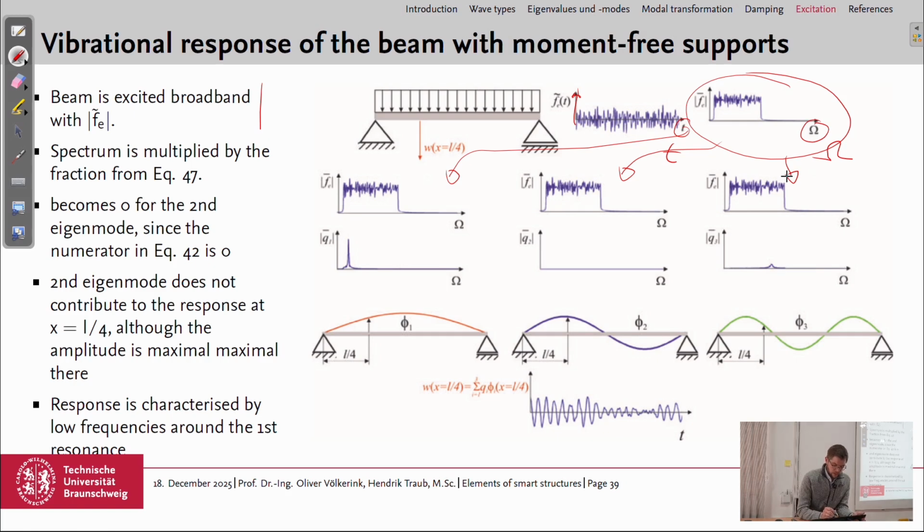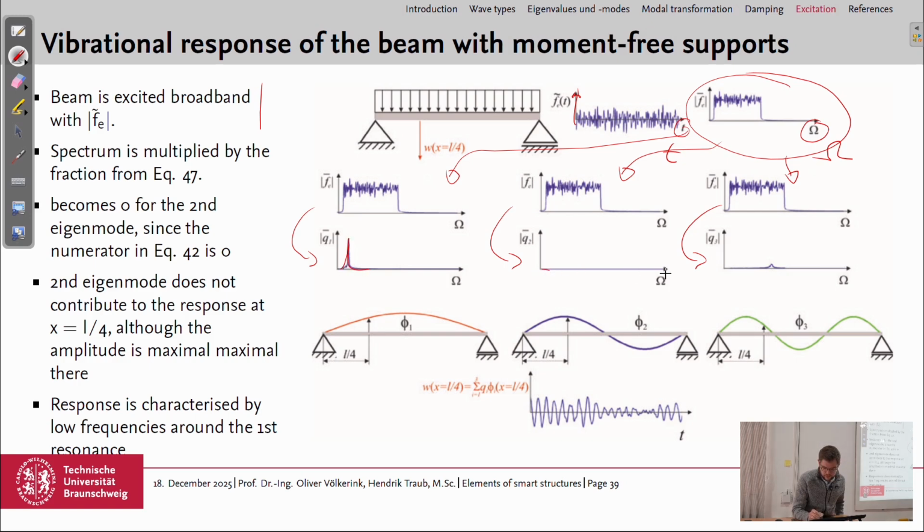And then we can see that the modal coordinates are affected very differently. So the first eigenmode is excited here in the resonance.